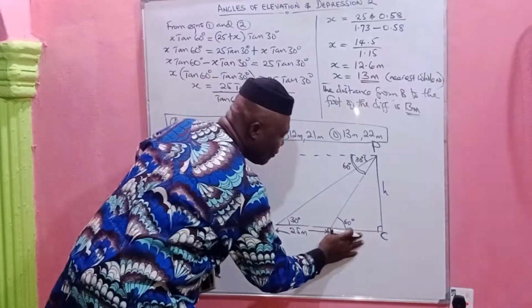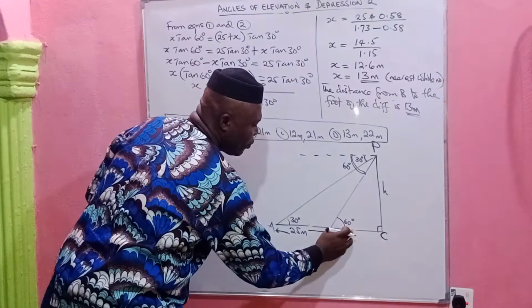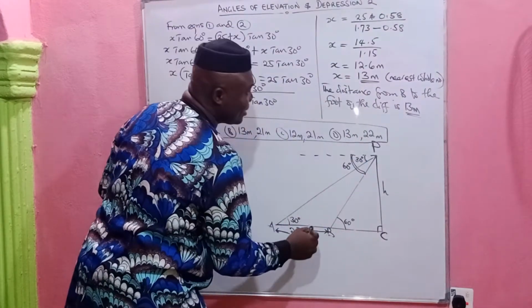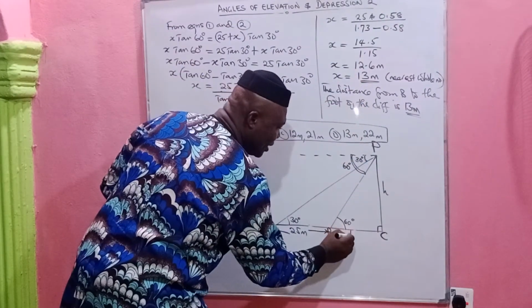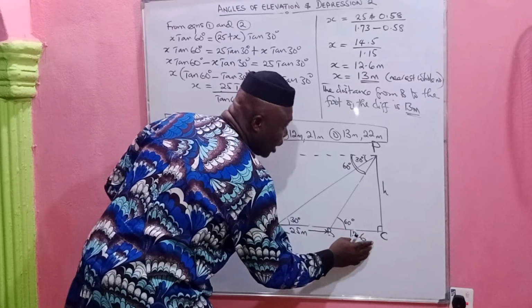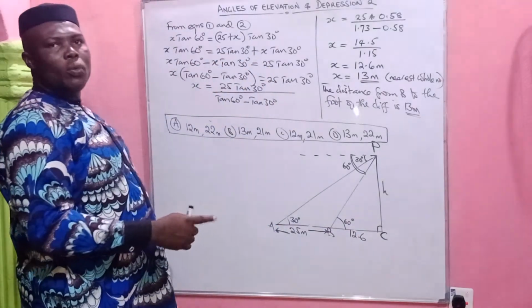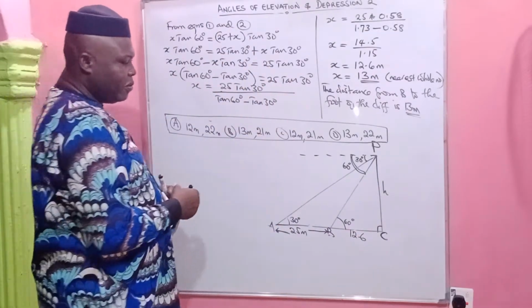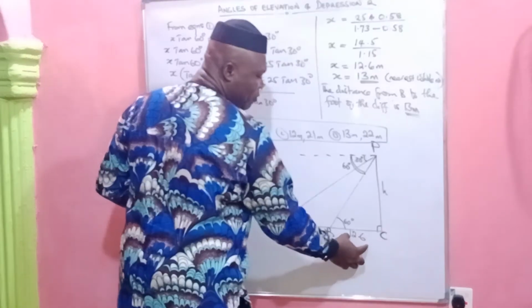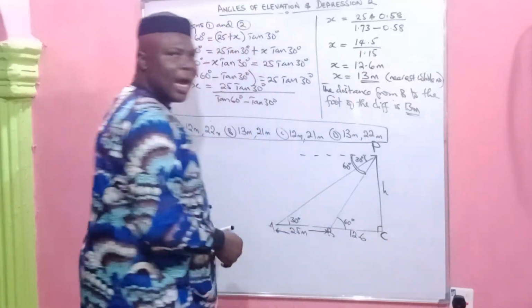We have already calculated x as 13 meters or 12.6 before. Let's use the old one, 12.6. When we are done, we can approximate the final answer. It's easy for us to have the height now.